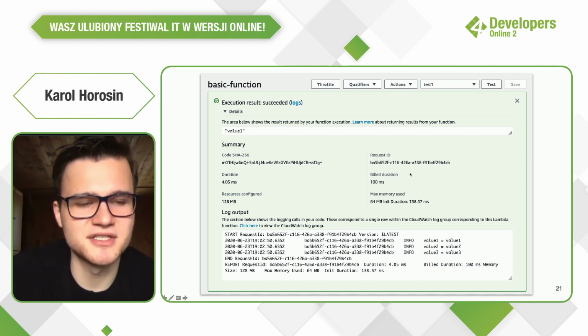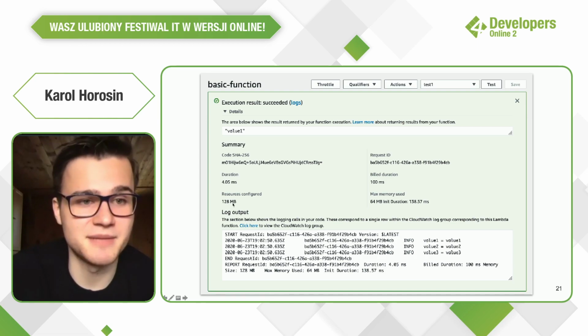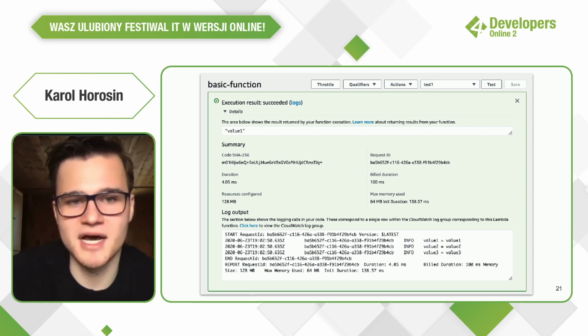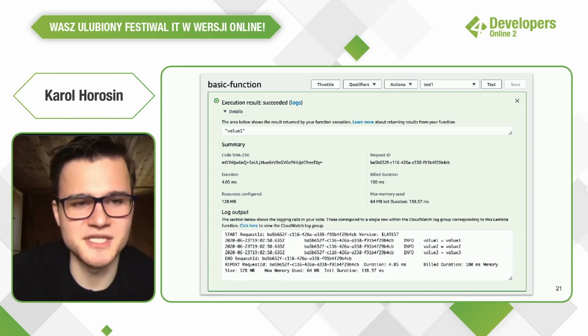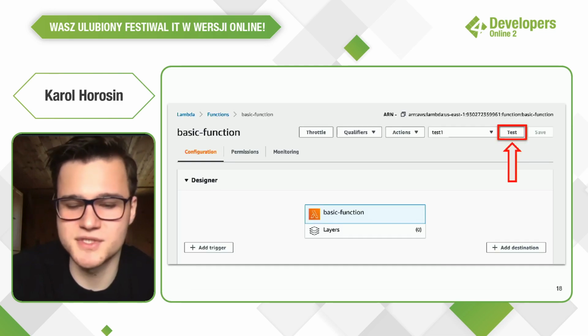For example, the duration: it took 4 milliseconds, and the billed duration was 100 milliseconds because that's the minimum time they bill. The RAM that was used was 128 megabytes. That's just some information here. If you have heavier Lambdas, you might want to assign more resources.